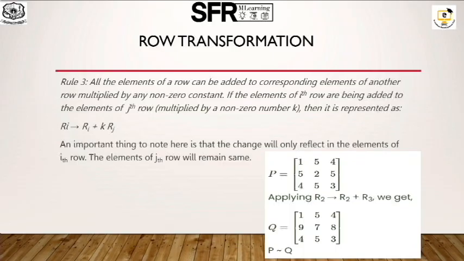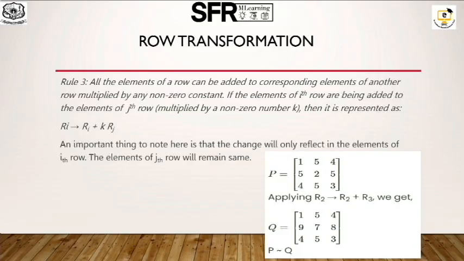Then in the same way, second row second column, that is A 2 2, that is 2 plus 5 will change as 7. Then for the second row third column, that is A 2 3, here we have to add 5 plus 3, so the element is 8.